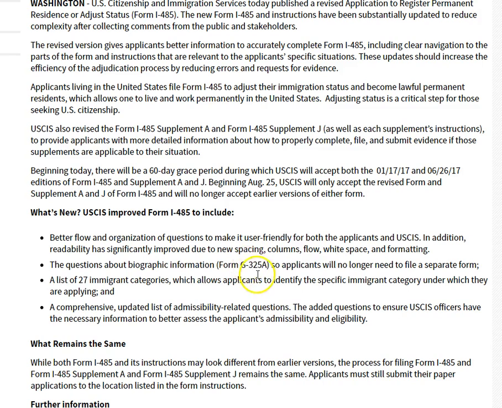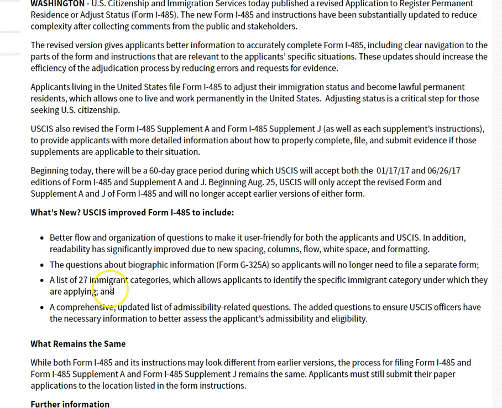But this still needs more information, because we know this form doesn't exist anymore. When you file the form I-130, right now you have to file the form I-130A. We no longer use this form. I just need to remind you.